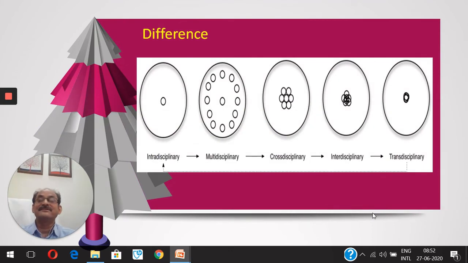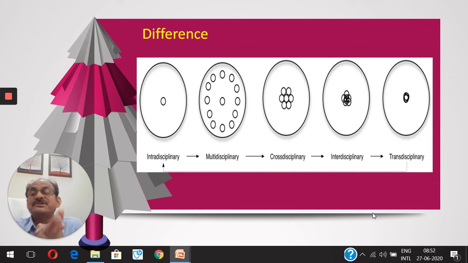This is the difference. Whatever I talked about in the previous slide, you can easily understand in this small mathematical figure. I just drew a simple mathematical figure. In the first circle, only one single subject, that is called intradisciplinary.